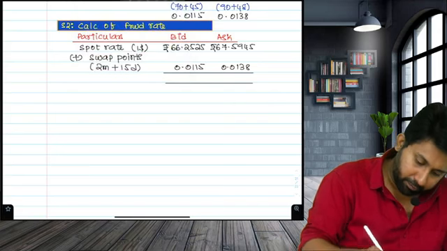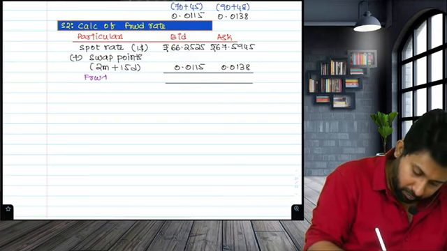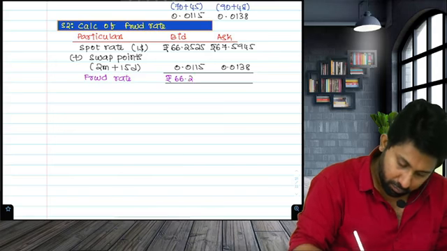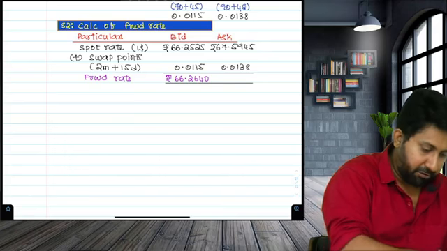So write down. Forward rate rupees 66.2525 plus 0.0115. Next, 67.5945 plus 0.0138.